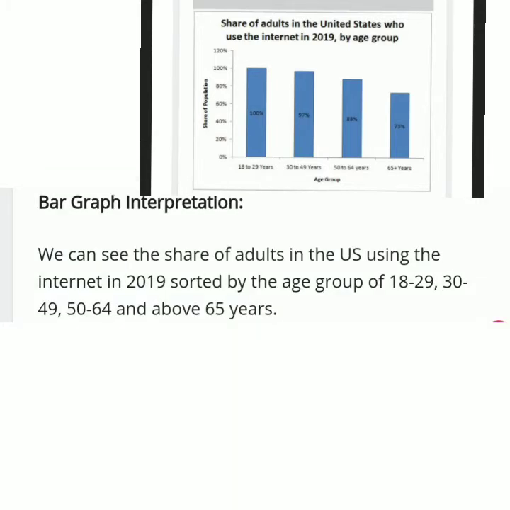We can see the share of adults in US using the internet in 2019 sorted by the age group of 18 to 29 years, 30 to 49 years, 50 to 64 years and above 65 years.